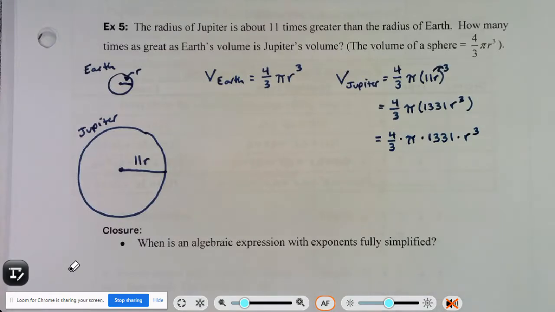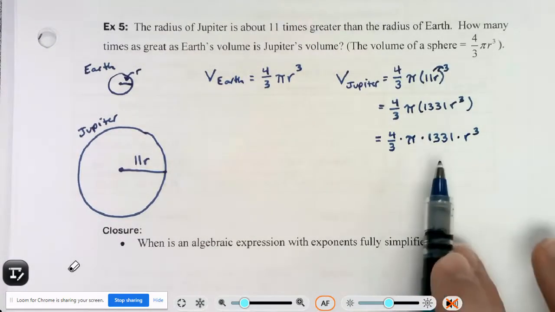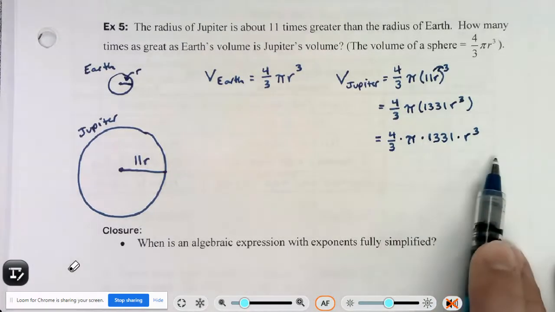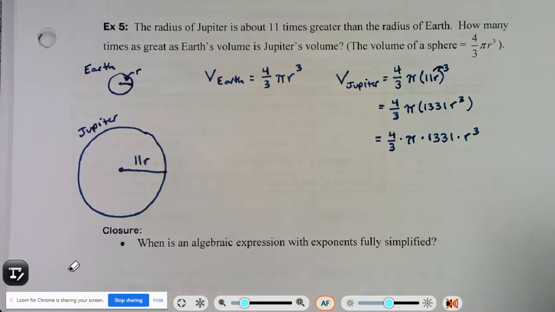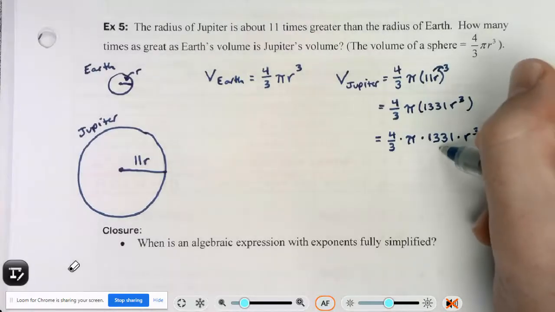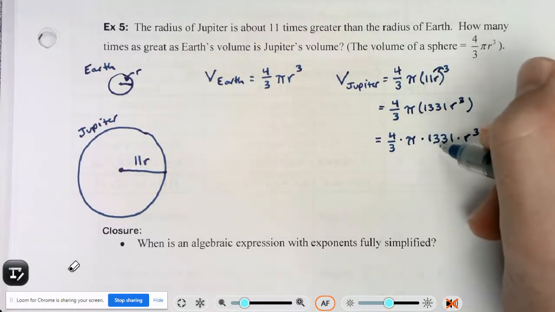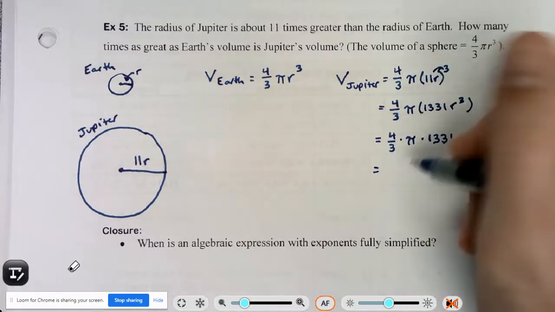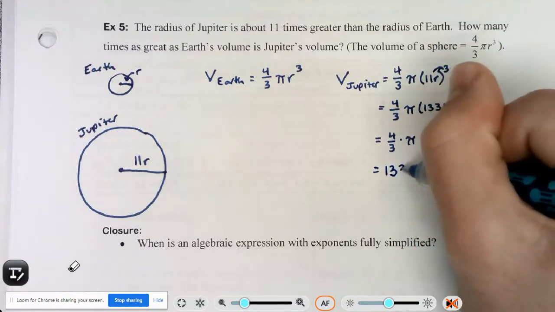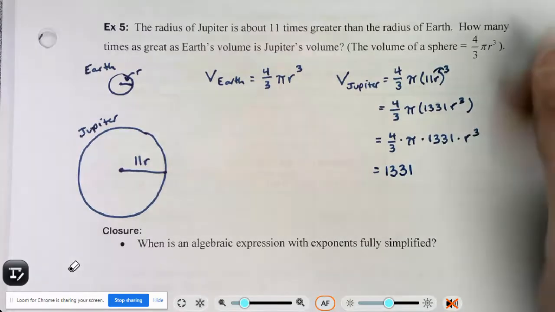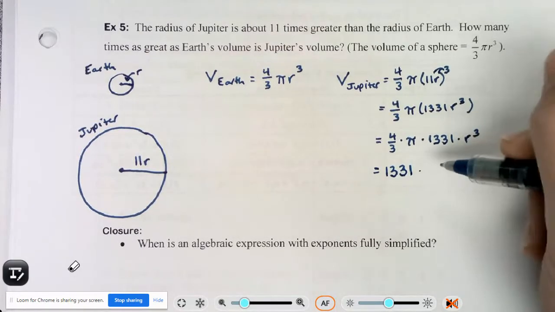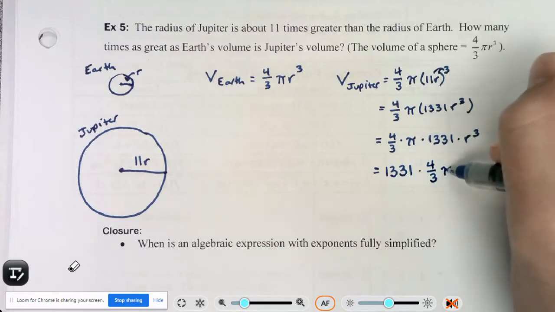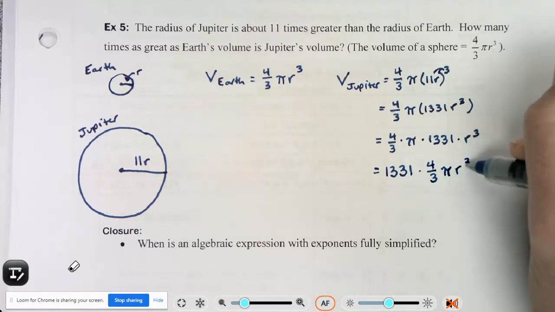If they're all multiplied together, it doesn't matter which order they're multiplied in. I could put anything first, I could put anything last, just as long as each of them gets multiplied. So I'm going to choose to put this 1,331 out in front, and we'll see what results. So 1,331, multiplied by 4/3 pi r cubed.